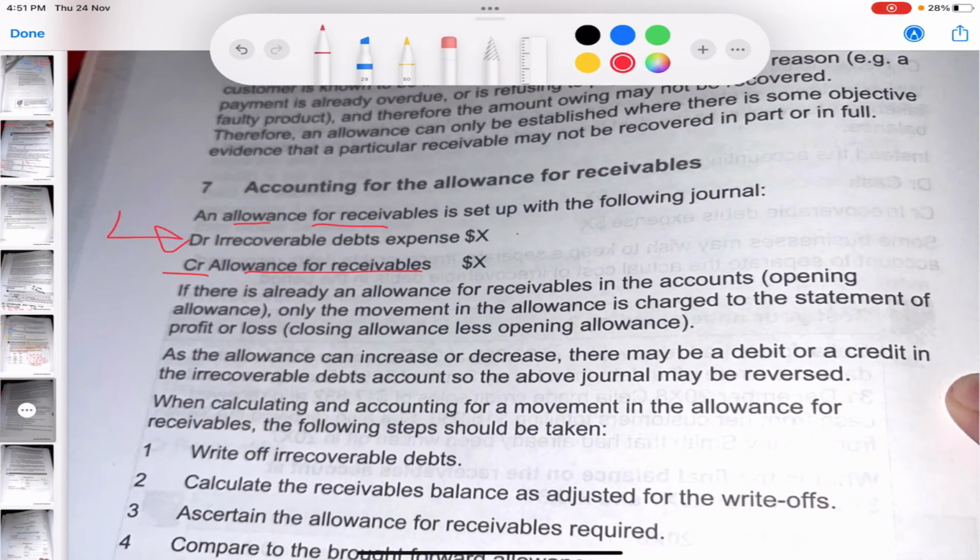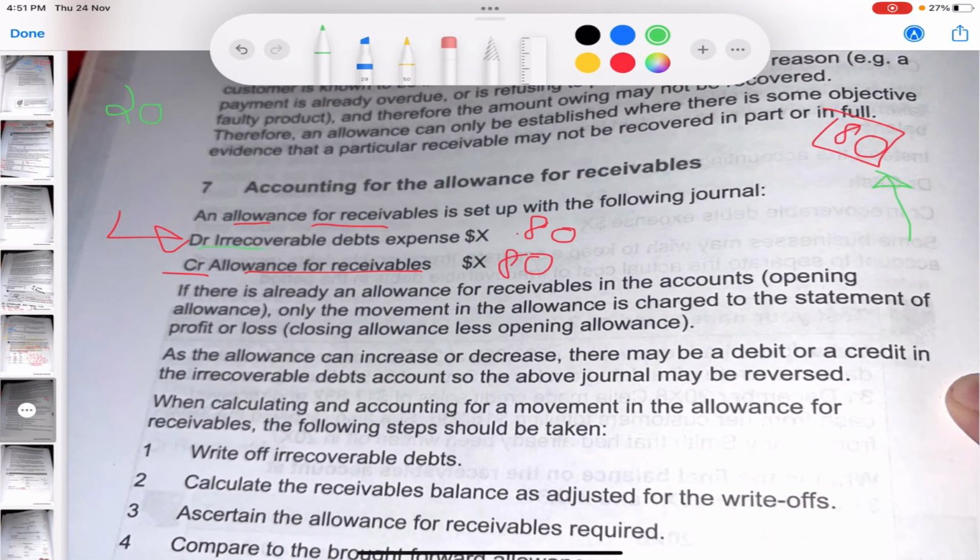In case already, let's say there was a bad debt of 80. So we have an irrecoverable debt expense of 80. We need to use the allowance and write it off, let's say. Then it will be debit irrecoverable debt expense, credit allowance 80, 80. Now, if the question says that we already have an allowance of 20 from before, and now we need an allowance for writing off 80 bad debts, how much allowance do we have?